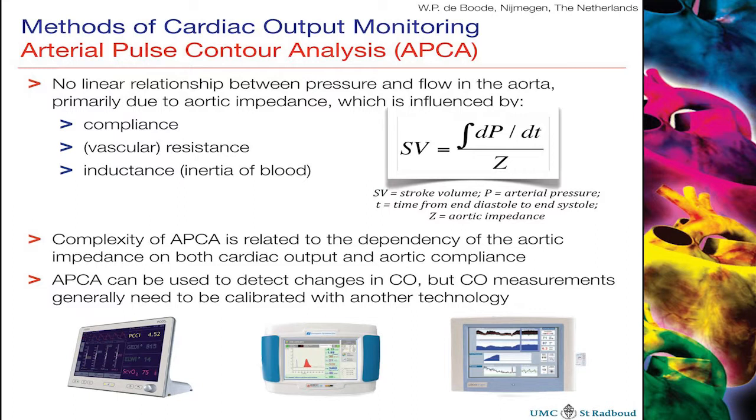And in the meantime, you use the pulse contour analysis to see the trend of cardiac output. And when there's a difference in cardiac output, 10 or 15% or whatever you would like to define, you can say, okay, that's the moment I have to do another measurement with the invasive cardiac output measurement technology.